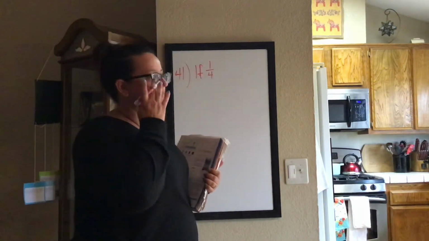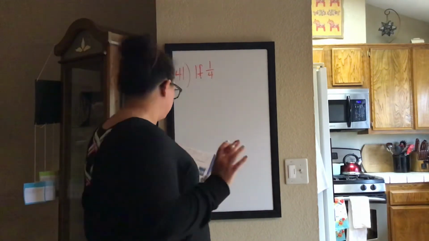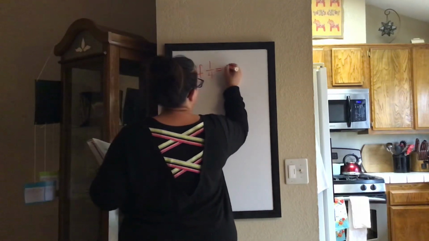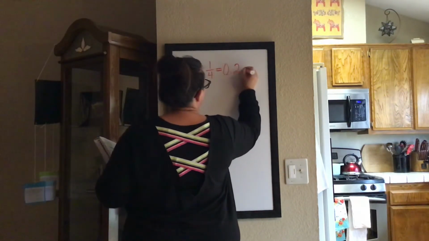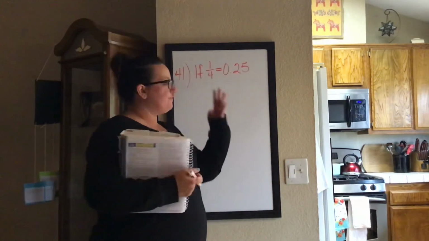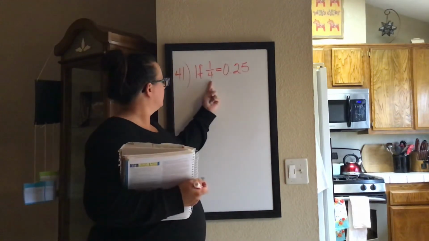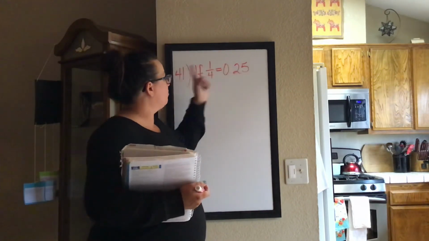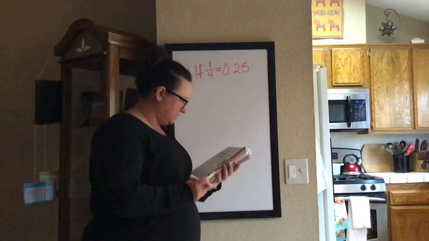Okay, groups of 25. 0.25. There are things you just need to get used to. Okay, so 1/4 equals 0.25. Now we know this because I always think of quarters. If you have 4 quarters, but you only have 1, how much do you have? You have 25 cents, right? 1 out of 4. Okay, we know this.